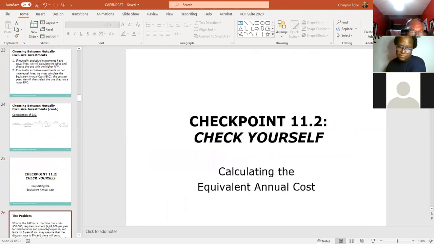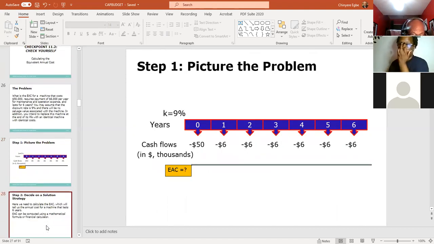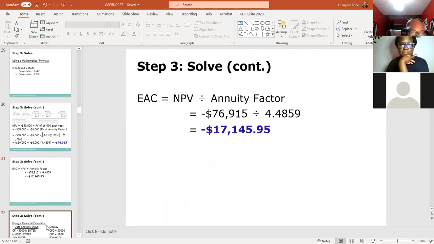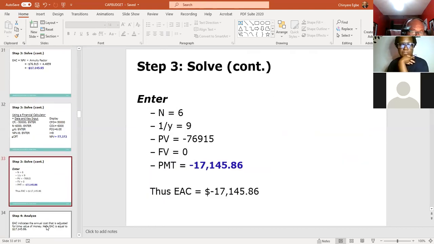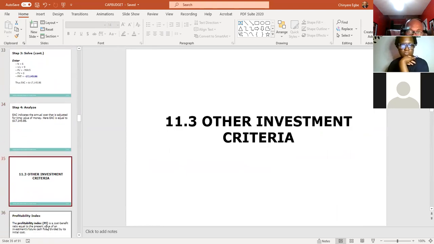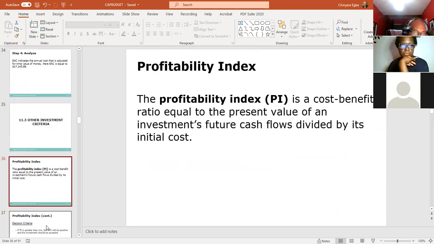All right. So, like I said, I'm going to do the EAC some other time. Let's now solve through other investment criteria. The PI index is very easy.